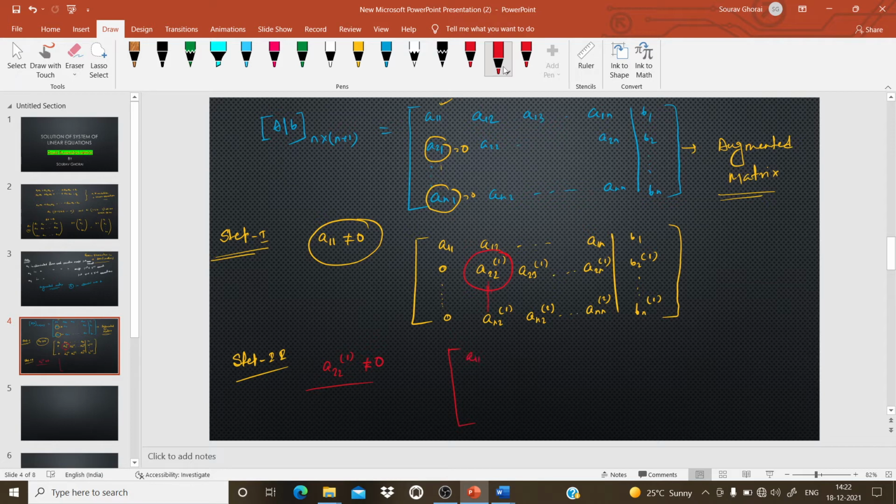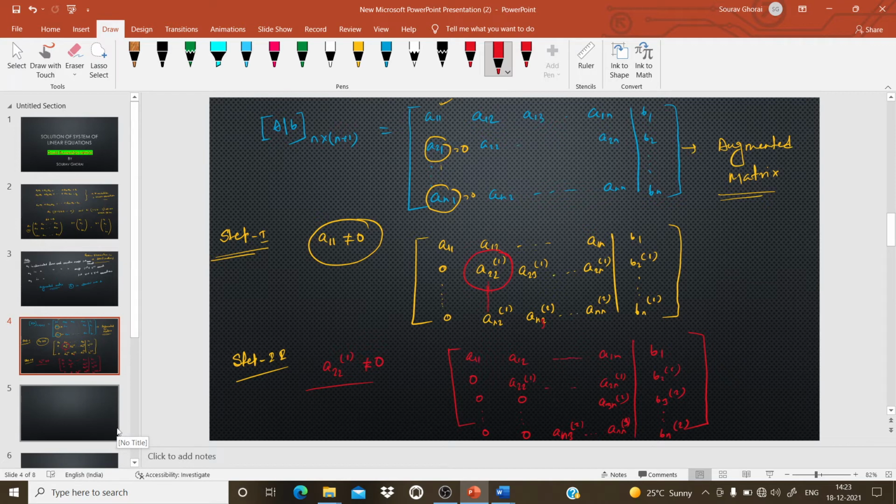The matrix A11, the first row remains unchanged, the second row also remains unchanged, and from the third row every element will be changed, so we can write A3 2, and this is 0, this is 0, An3 2, Ann 3, and this will be B1, B2 1, and next one B3 2, and this will be Bn 2.